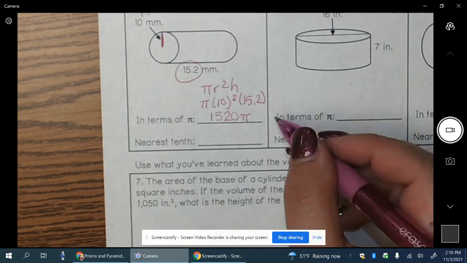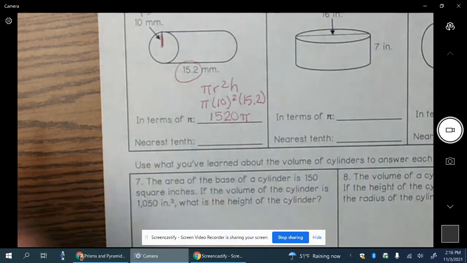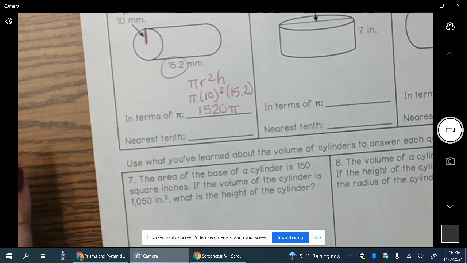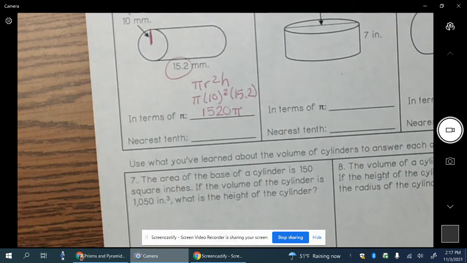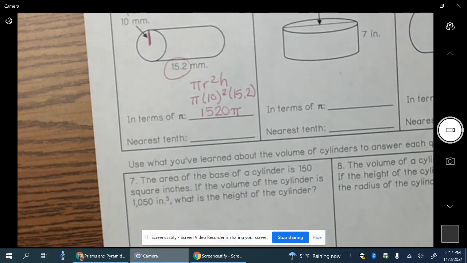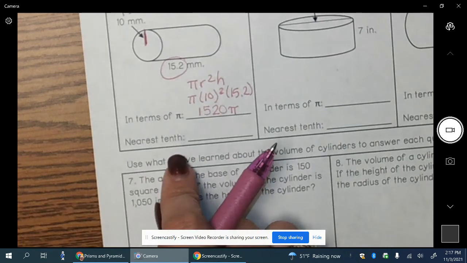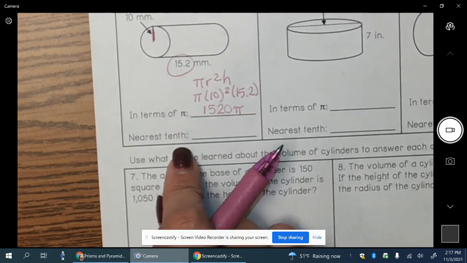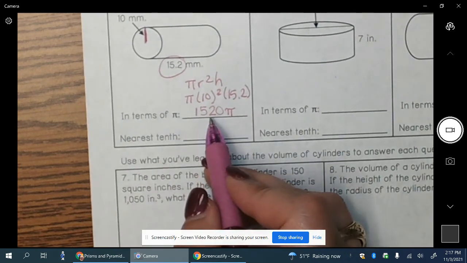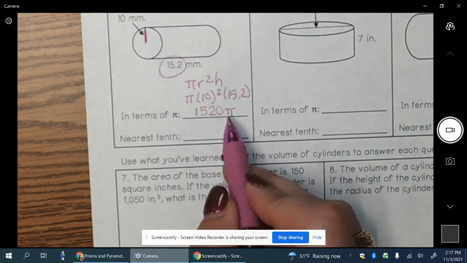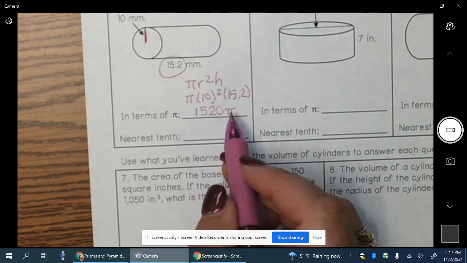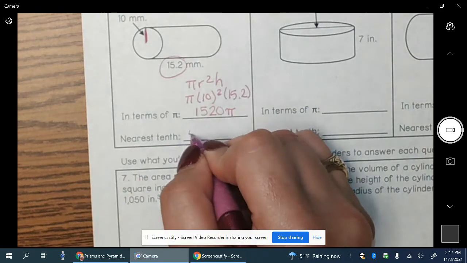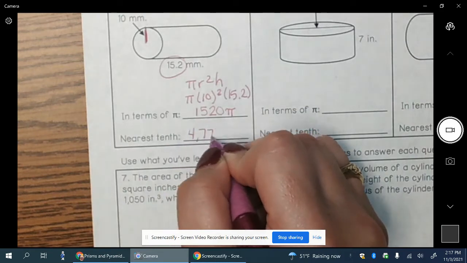Now, once you have it here, if I wanted the answer, what would you multiply 1520 by? 3.14. So you multiply 1520 times 3.14. They would not ask you this in the same question.